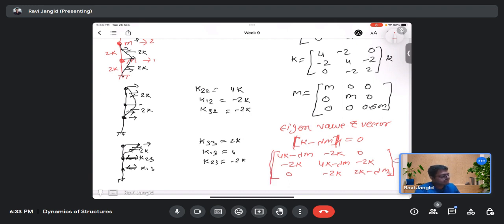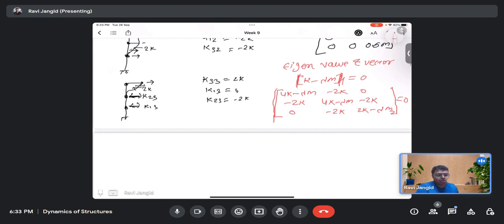That should be 0. Last time we have discussed you can eliminate the lambda. So for the sake of it, you can simply write this: 4 minus lambda, minus 2, 0; minus 2, 4 minus lambda, minus 2; 0, minus 2, 2 minus 0.5 lambda.